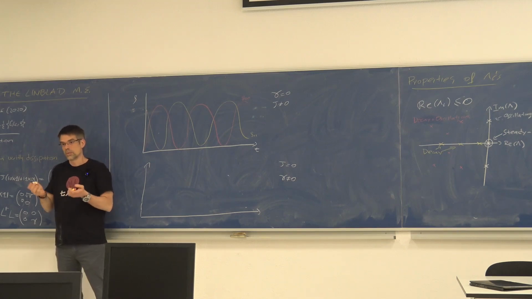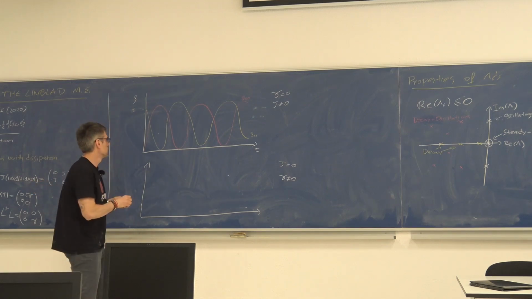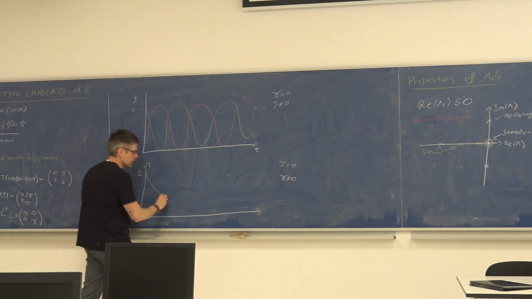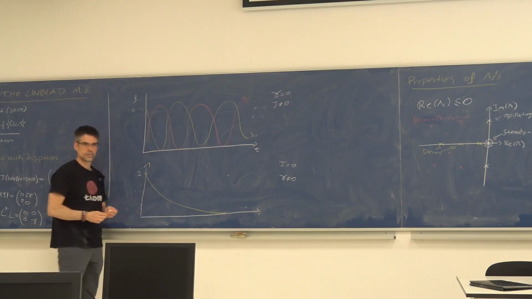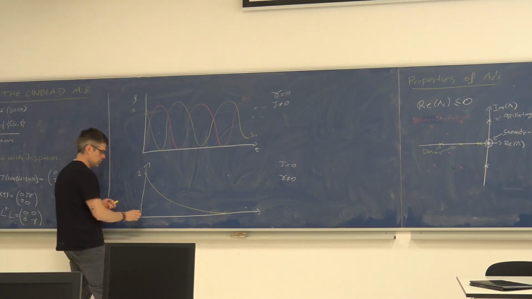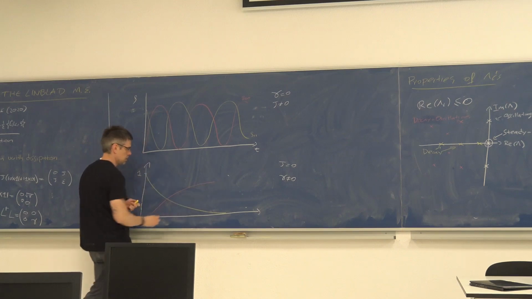So if you start with rho 1, 1 here, what you will get is an exponential decay. And what will happen to rho 0, 0? Just by trace preservation, it should go like this.